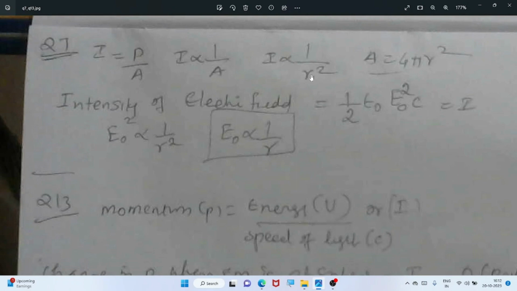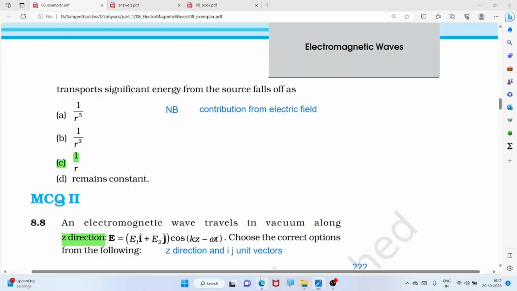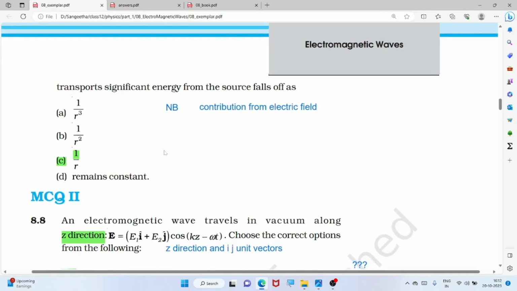So that is inversely proportional to the distance R square. That means E square, the electric field component, is inversely proportional to R square. So E is inversely proportional to R, that means 1 by R.